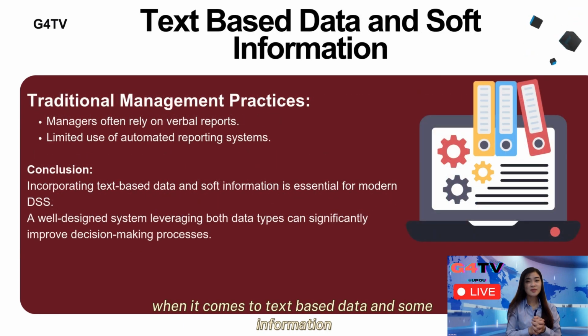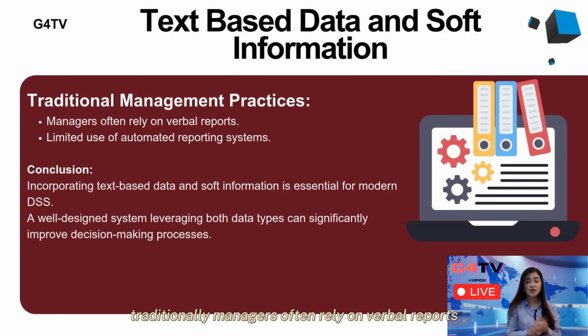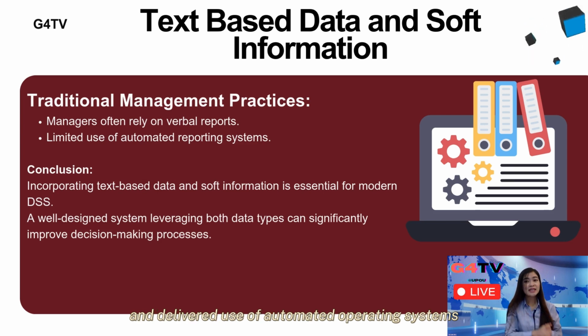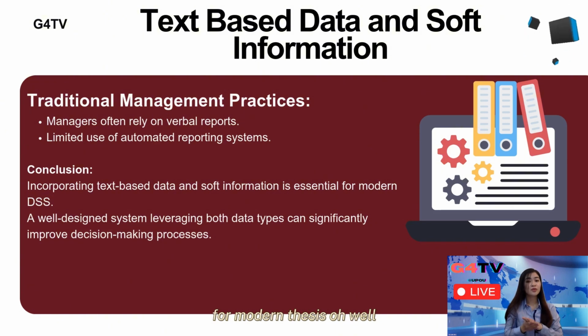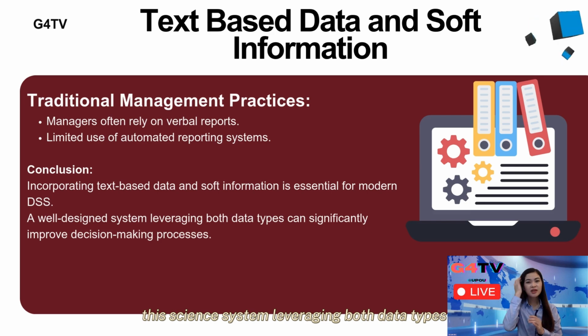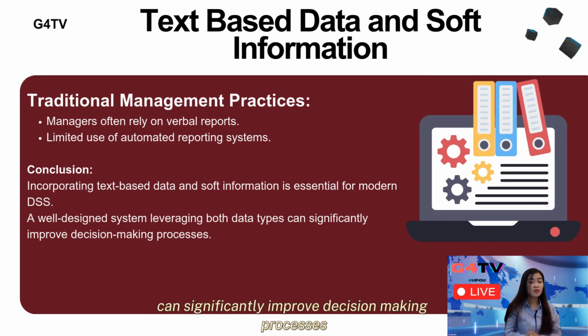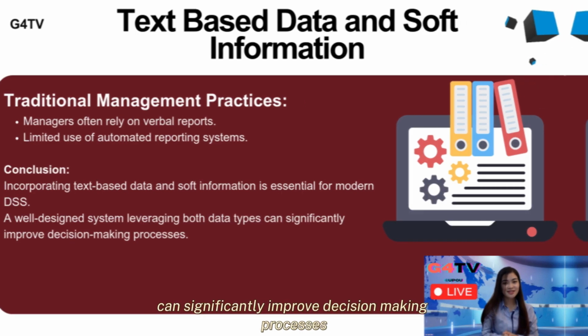When it comes to text-based data and self-information, traditionally, managers often rely on verbal reports and the limited use of automated operating systems. In conclusion, incorporating text-based data and self-information is essential for modern DSS. A well-designed system leveraging both data types can significantly improve decision-making processes.